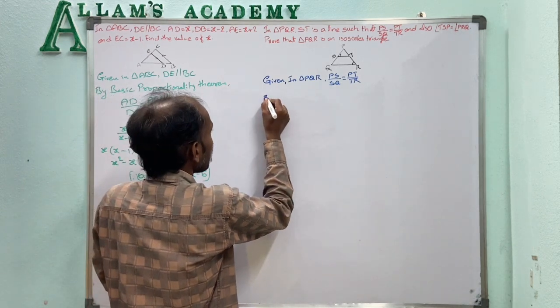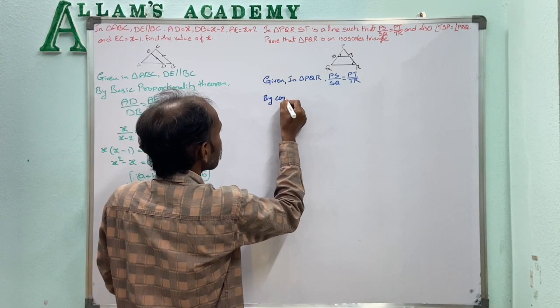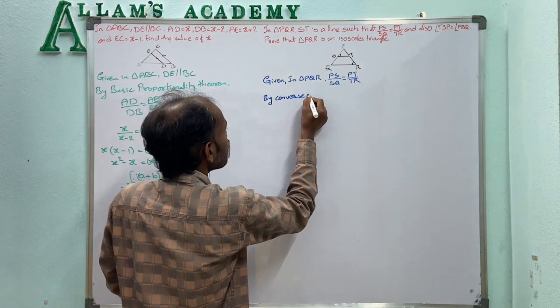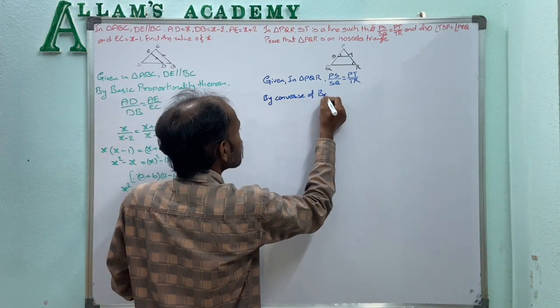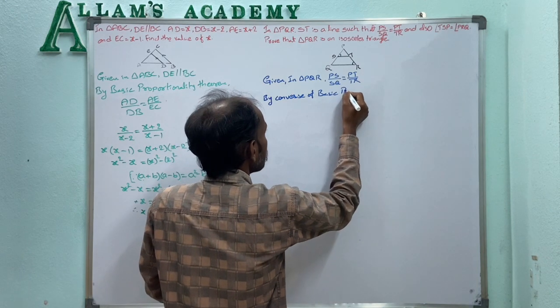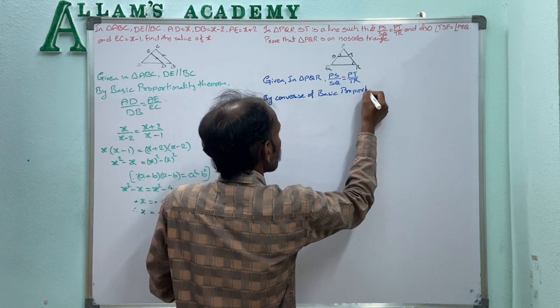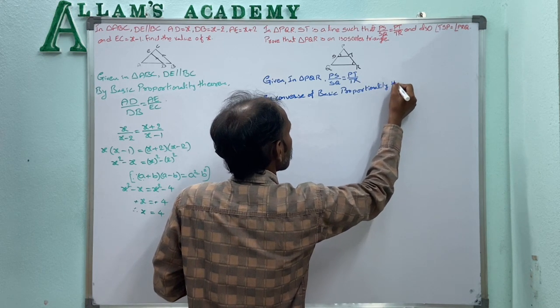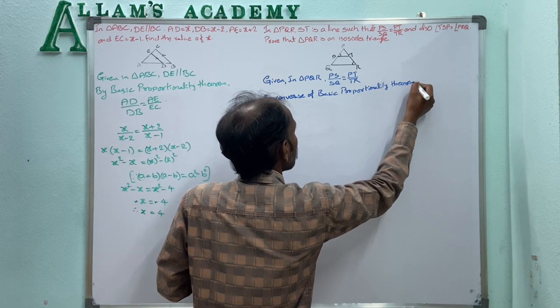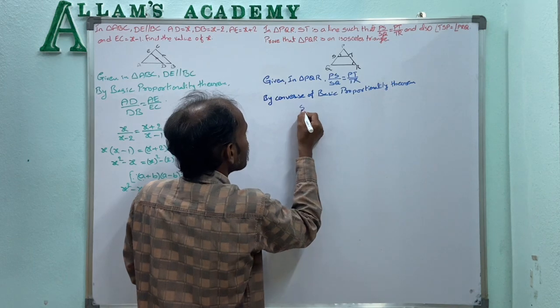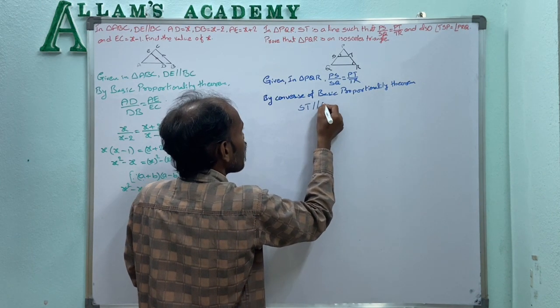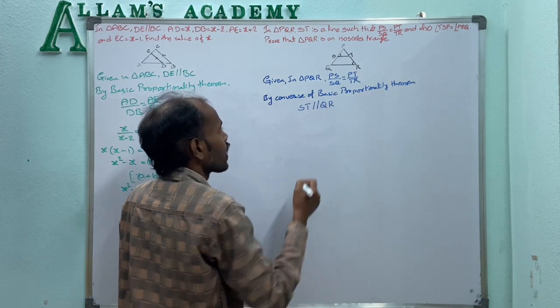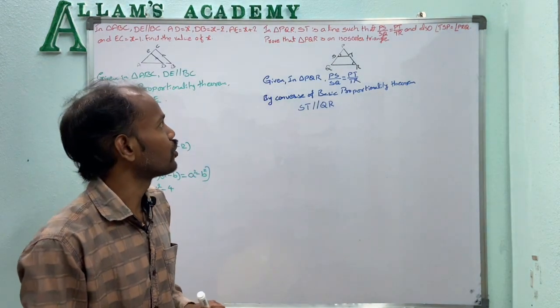So by converse of basic proportionality theorem, we can say that ST is parallel to QR.